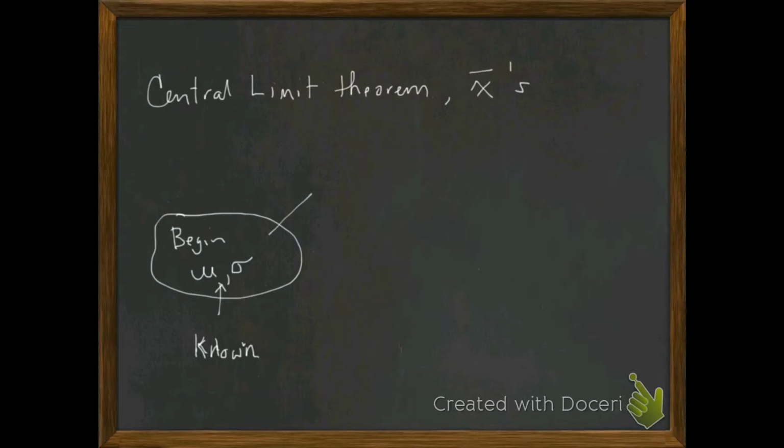Now, some things that happen from here on out depend on what the shape of the distribution is. So if we have a not normal distribution or a normal distribution, we get into sample size differences.